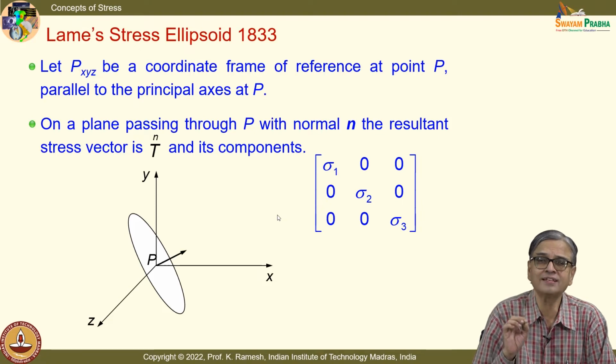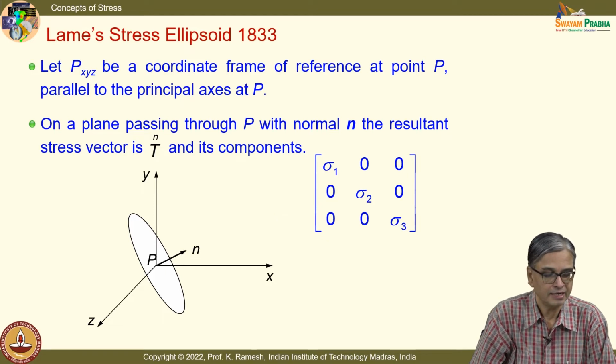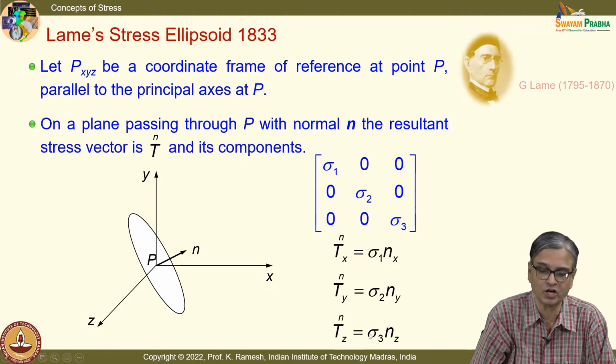you plot the stress vector, the magnitude of the stress vector passing through all the possible infinite planes. You have the plane and you have the expressions for the x component, y component and z component.